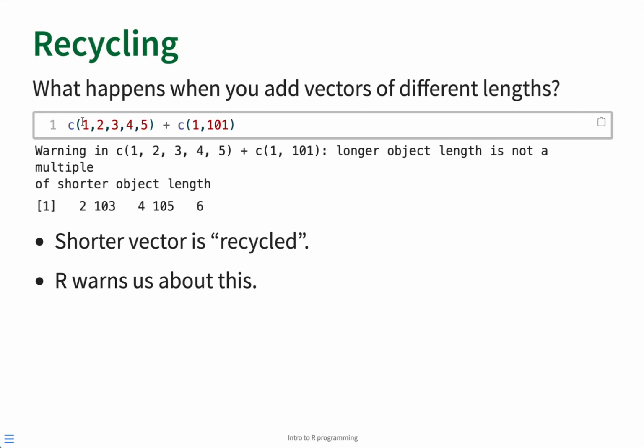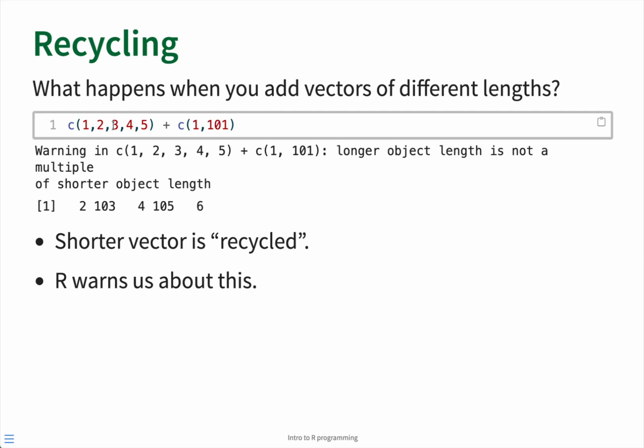What happens is that in the first position of the output, we've got the value 2, which we get by adding together the first item here and the first item here. The second item in the output is 103, which we've got by adding together 2 and 101. But then the third item in the output is the value 4.